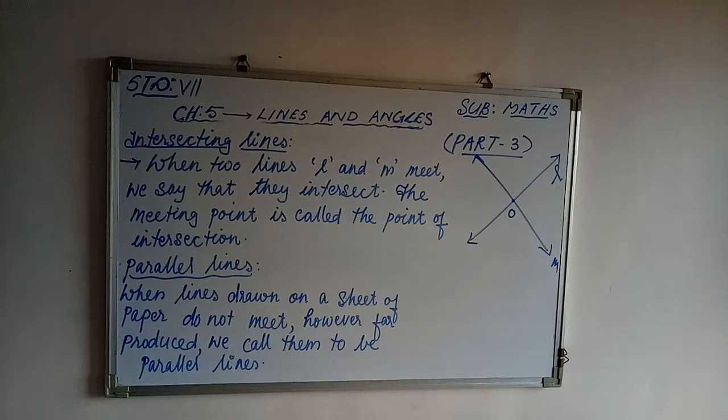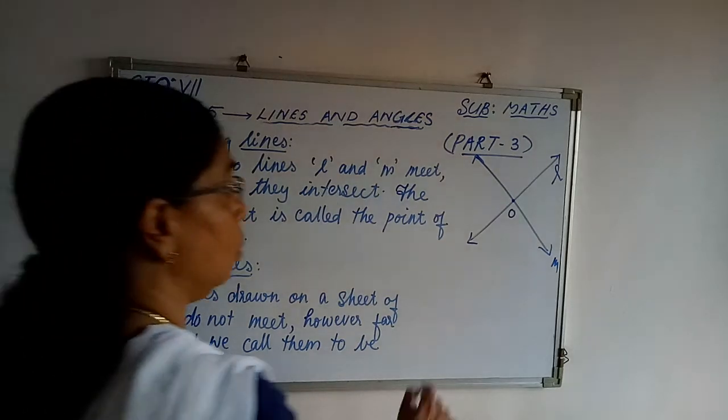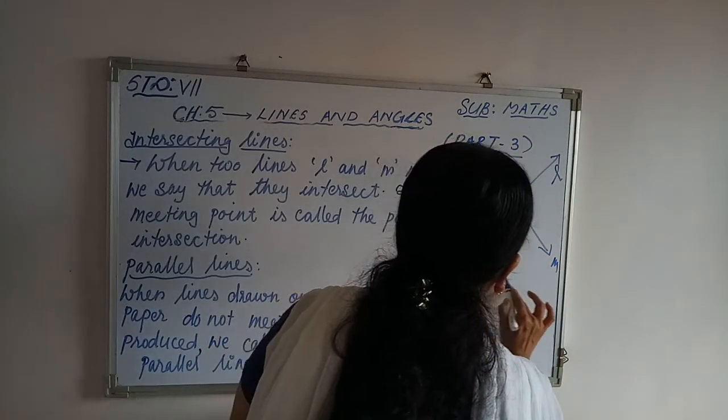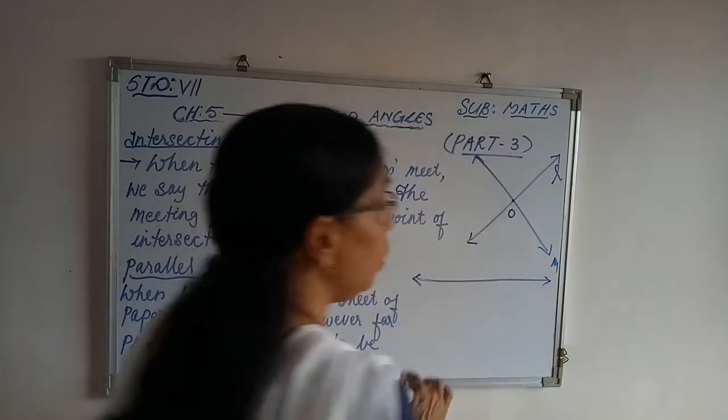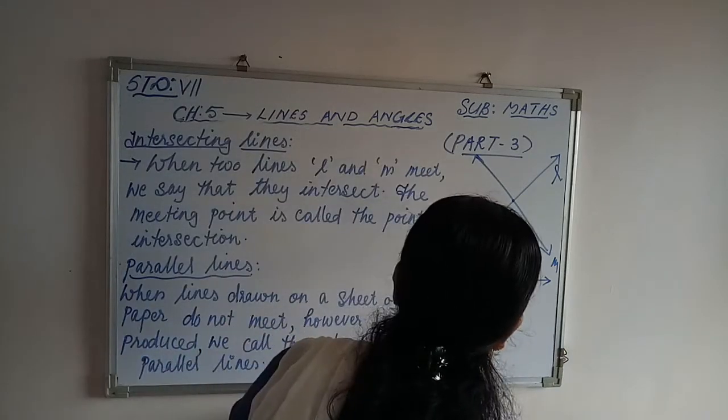But you know that there are certain lines which, however far you produce them, do not meet each other. Such lines are called parallel lines. You can extend them to both sides, and however far you extend them, they do not meet.